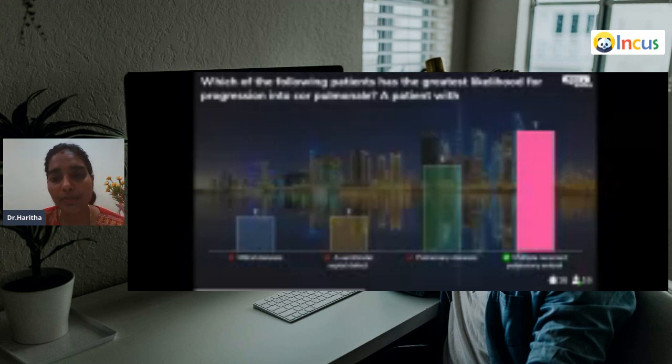In multiple recurrent pulmonary emboli, there is pulmonary hypertension, then right ventricular hypertrophy, and then cor pulmonale. This is most commonly seen in COPD. So that is the explanation.